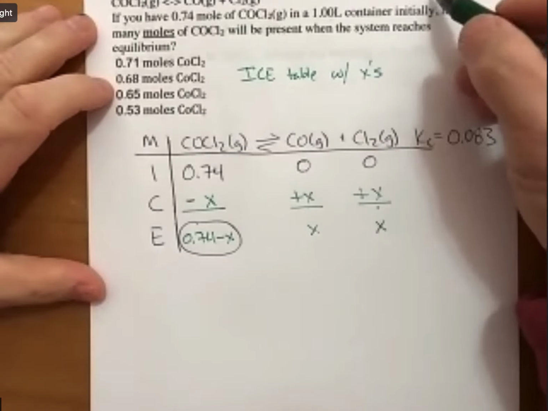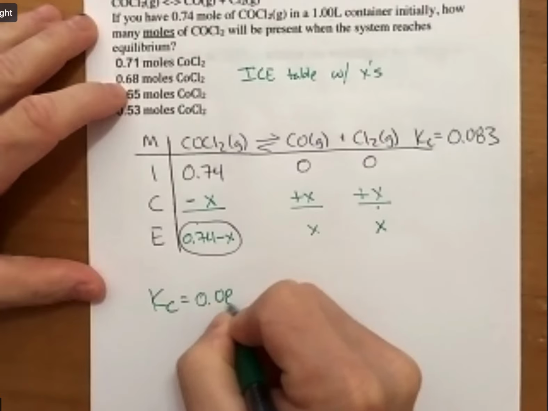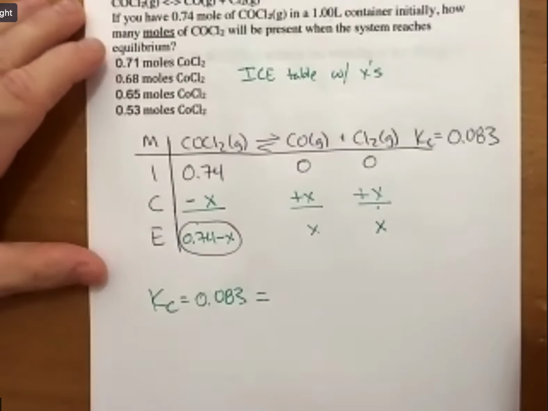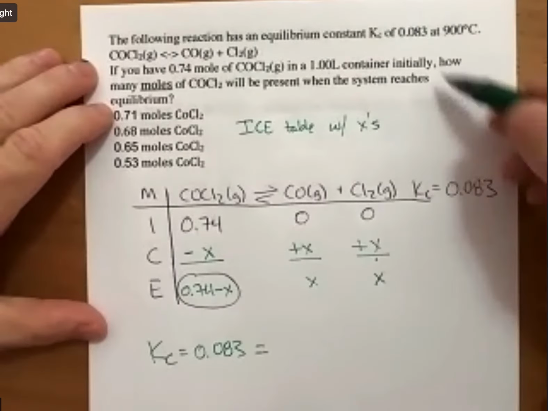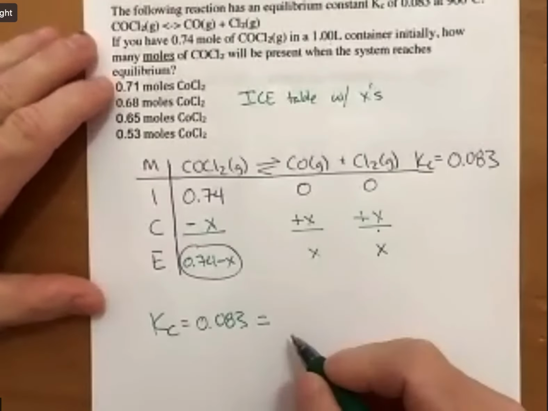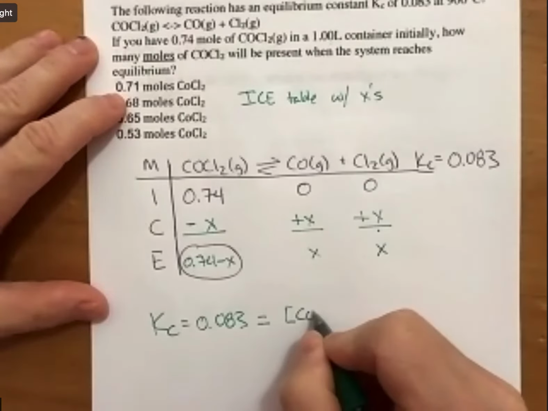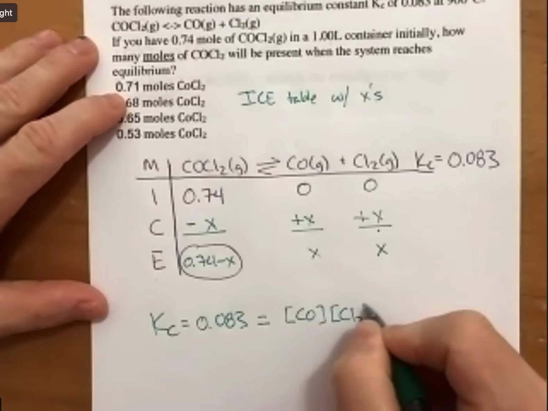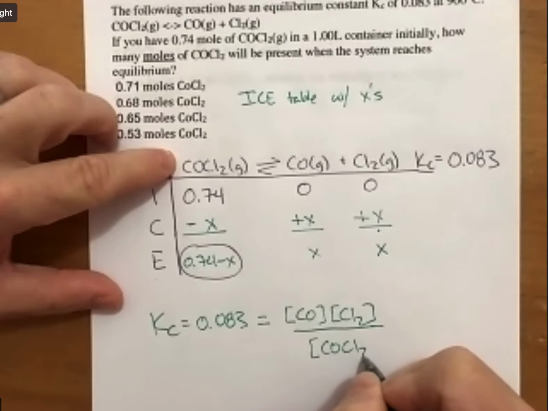Okay, we know our Kc value. Sorry, I got my Kc value from up here. We know our Kc expression. It's concentrations of products raised to coefficients over concentrations of reactants.